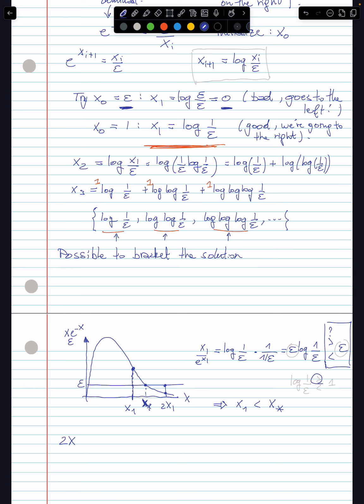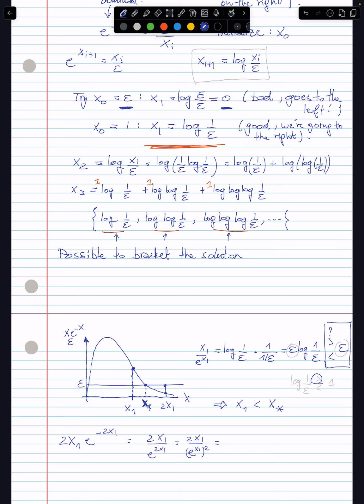So we have 2x1 exponential of minus 2x1, or 2x1 divided by exponential of 2x1, or 2x1 divided by exponential of x1 squared.